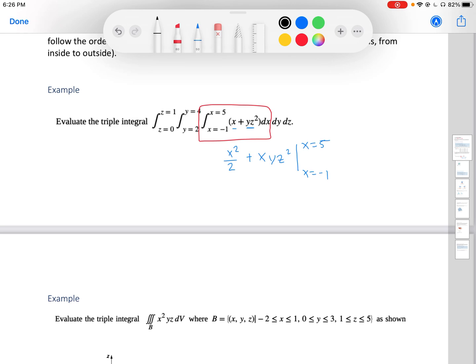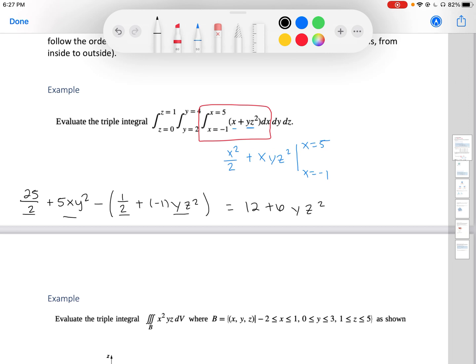If we integrate for 5, we get 25 over 2 since it's being squared, plus 5yz squared, minus 1 squared is 1 over 2, plus -1 yz squared. And if you clean that up, you can combine these like terms and divide evenly. So we get 12 plus 6yz squared, since these are like terms.